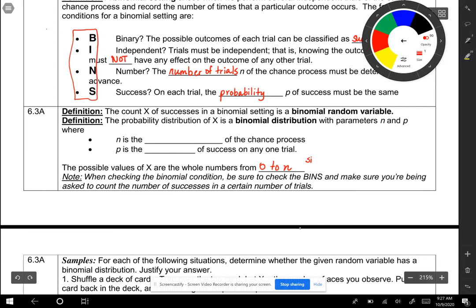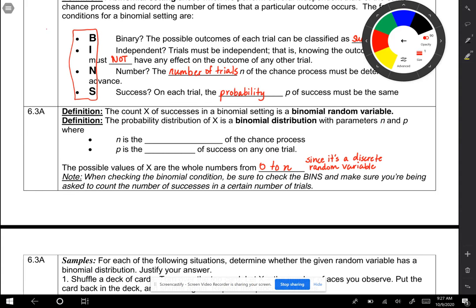And the reason why is this is a discrete random variable that you get by counting. So going back to earlier stuff in our notes, when checking the binomial condition, be sure to check the BINS.